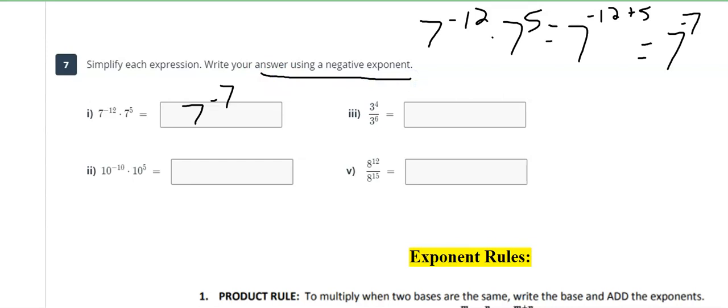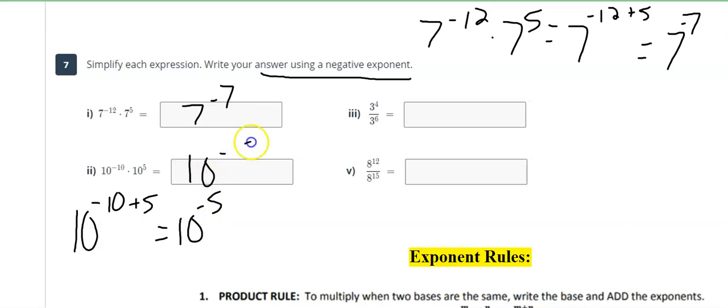So that's perfect. Now for number 2 here, we have 10 to the negative 10th times 10 to the 5th, which is the same thing as 10 to the negative 10 plus 5, which would give us 10 to the negative 5th. Again, it's a negative exponent as it asked for.